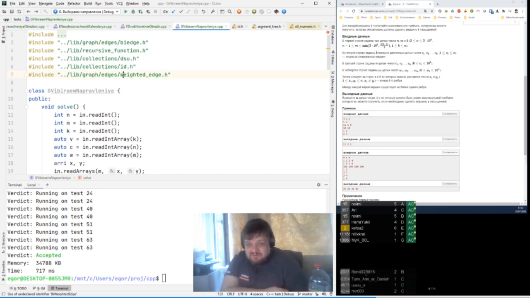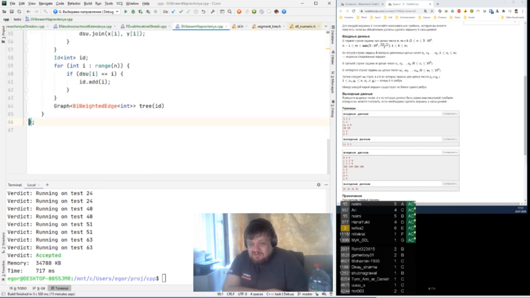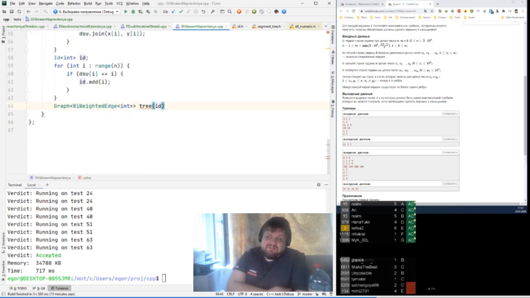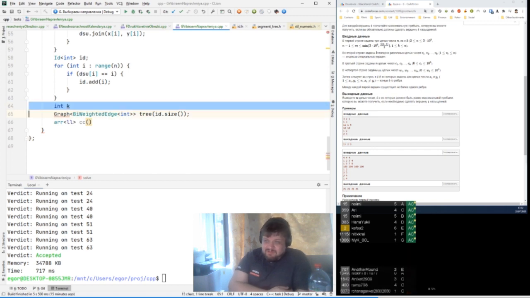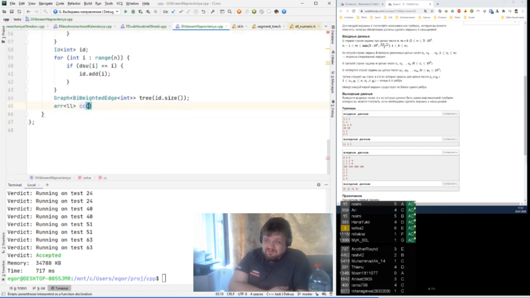I'm not sure. Well, this dynamic is basically somewhat greedy. I'm not sure if there is any easier solution here. Really not sure.